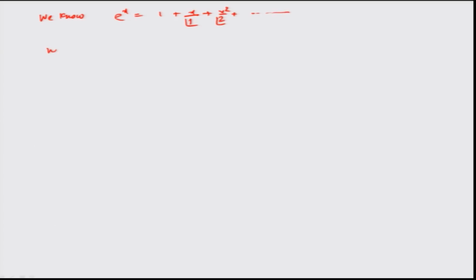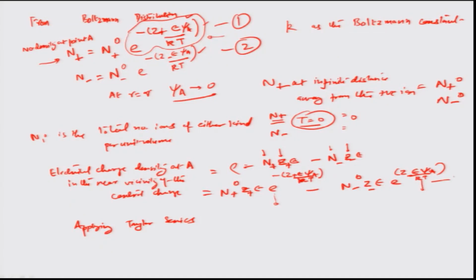So, if we neglect the higher order terms, we can easily have e to the power x being represented as 1 plus x, and we put that back into this particular equation for the net charge density, let us say equation 3.